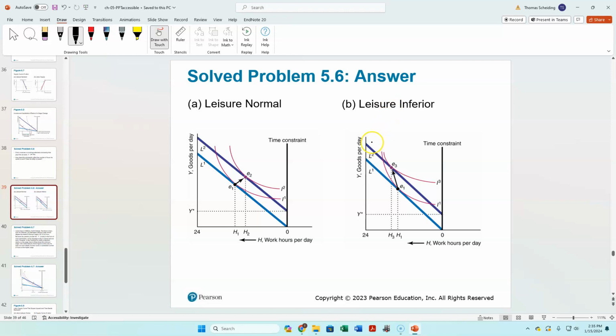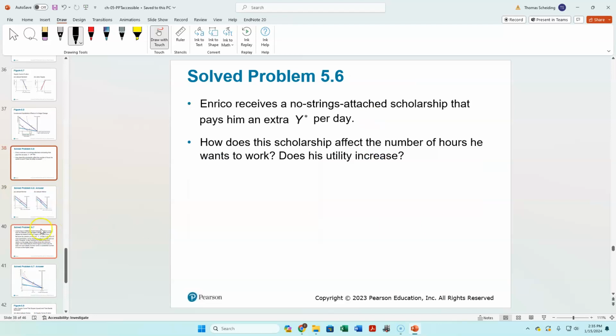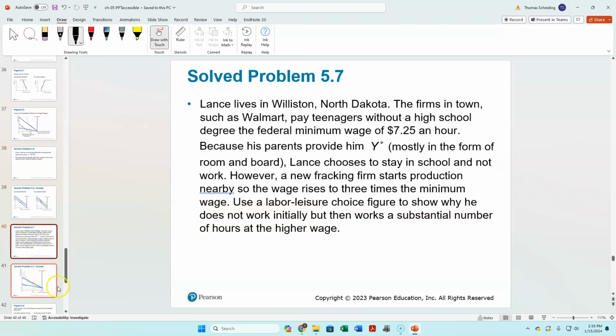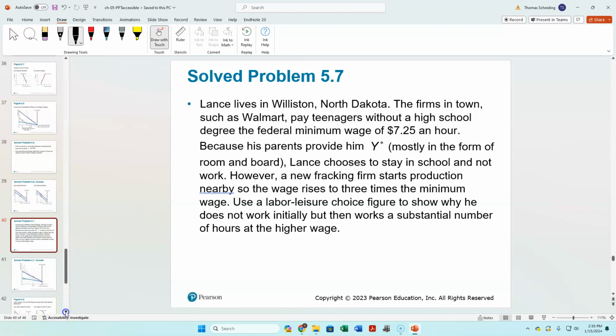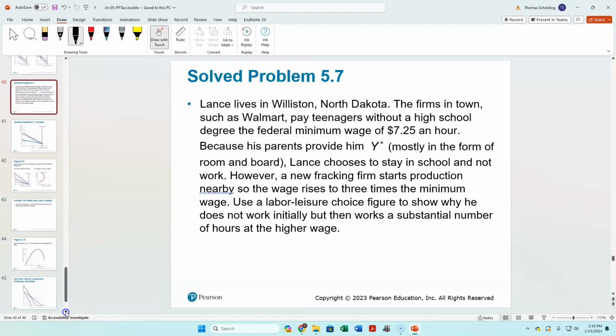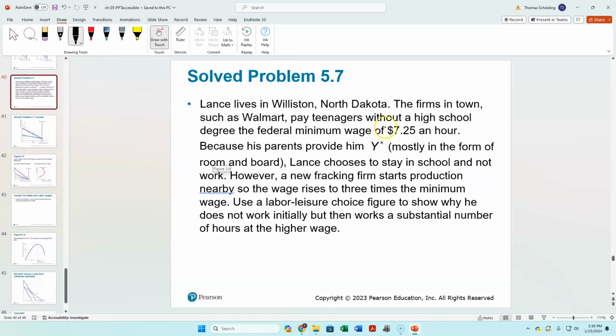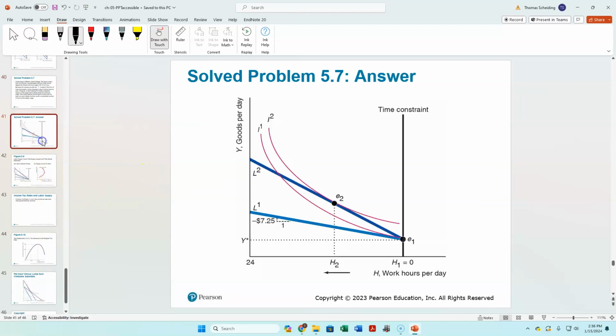That as your income is going up, you consume less work. And again, we're going to see this a little bit more as we're looking at the actual problems here. I don't find these solved problems that useful, but we can kind of see this here.